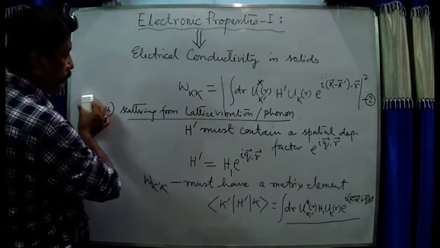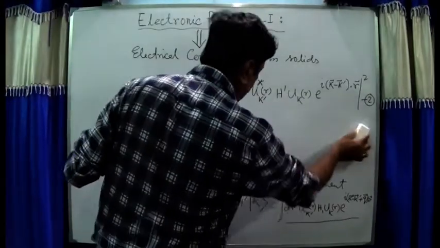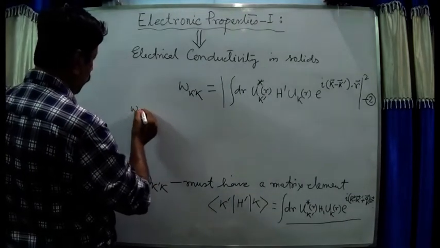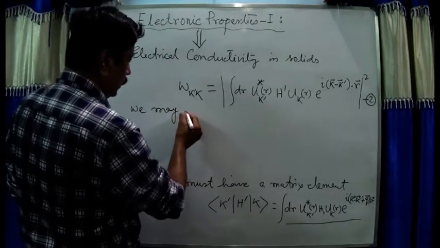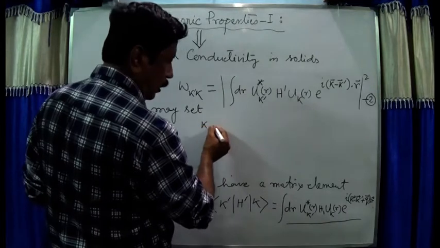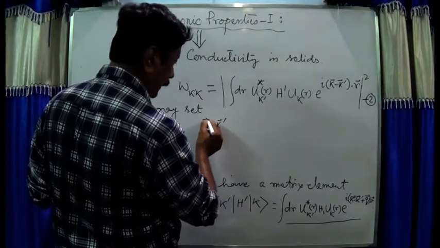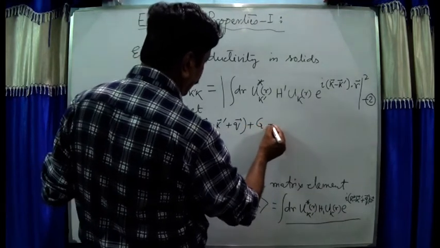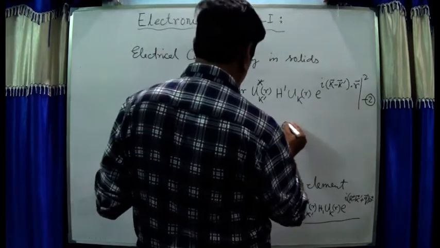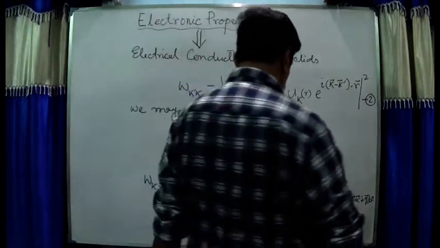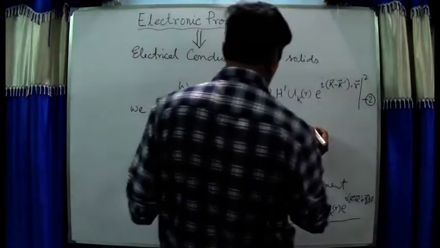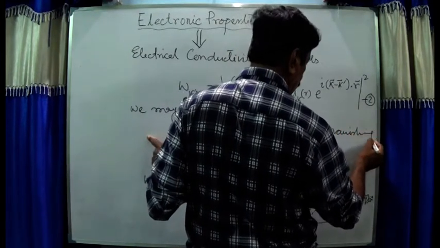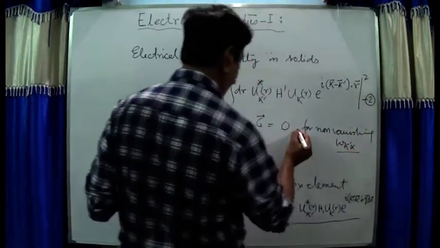We can write a relationship in terms of the reciprocal lattice vector G. Now we may set k minus k prime plus q plus reciprocal lattice vector G to be 0 in order to have a non-vanishing matrix element for non-vanishing W k prime k. Okay?